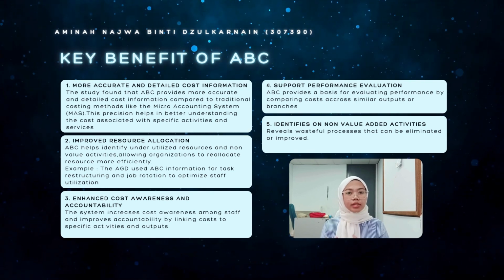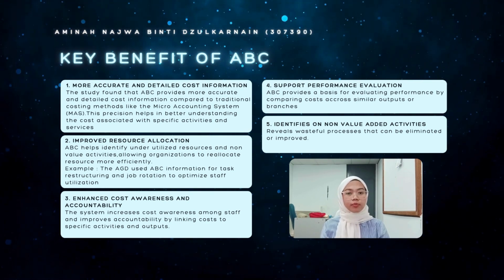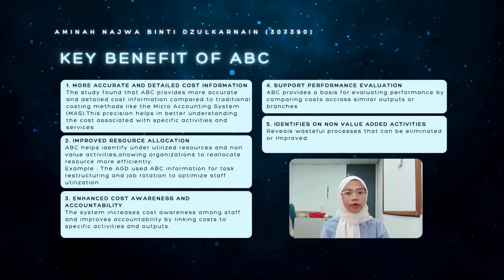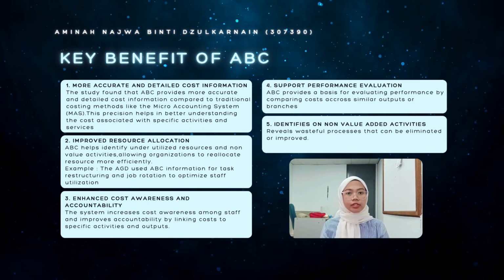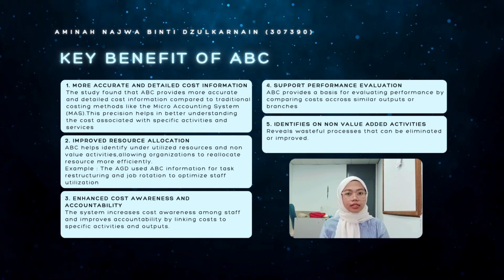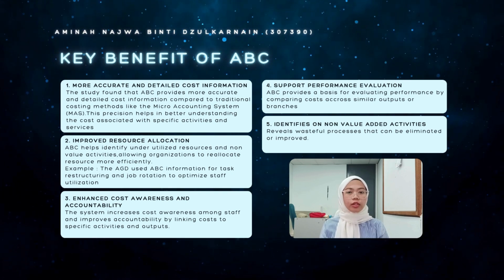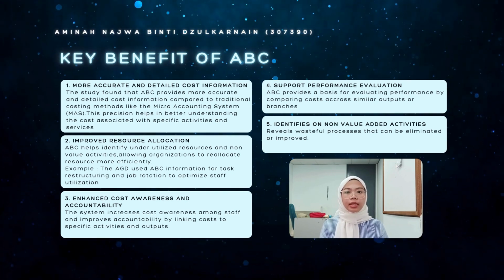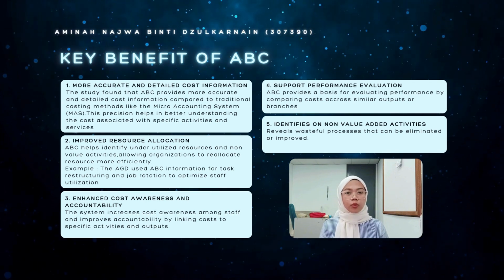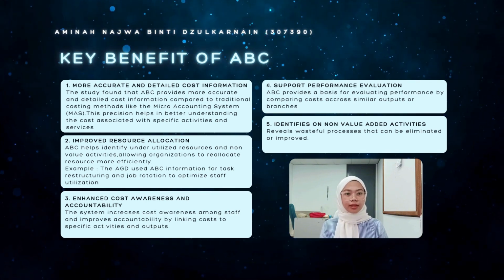Link costs to departments and activities, fostering responsibility. Fourth, support for performance evaluations. Enable comparison between branches or services. Lastly, identification of non-value-added activities that reveals wasteful processes that can be eliminated or improved. Next, we will explore each of these in more detail.